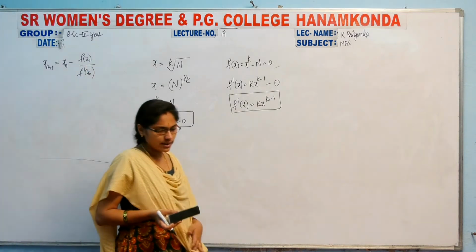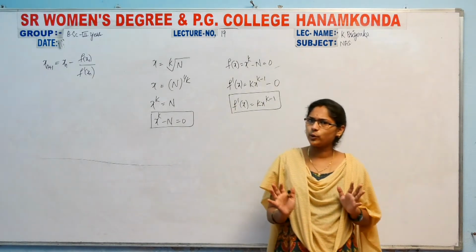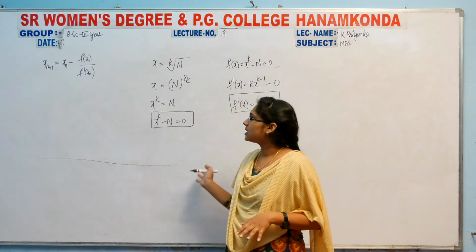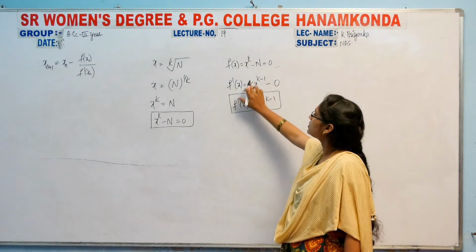Right? Now I am going to substitute f of xn and f dash of xn, because we have f of x and f dash of x.